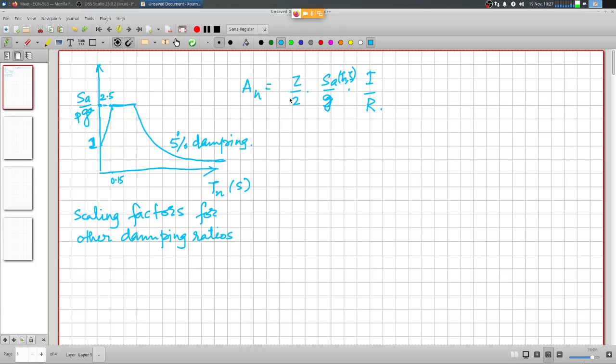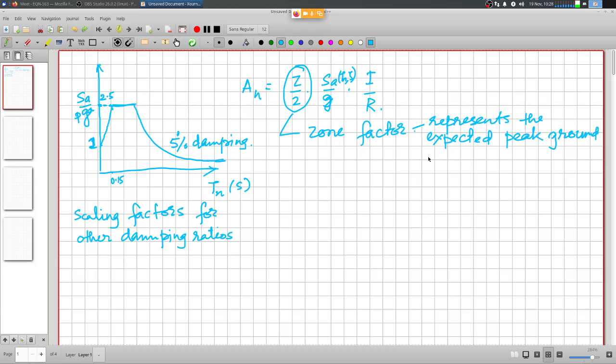Z by 2, this is the zone factor, and effectively represents the expected peak ground acceleration in the zone.